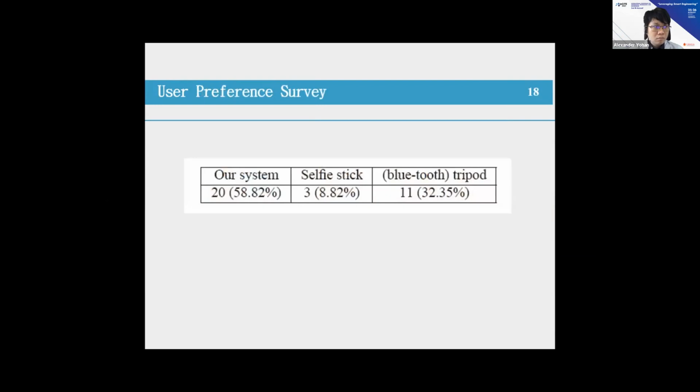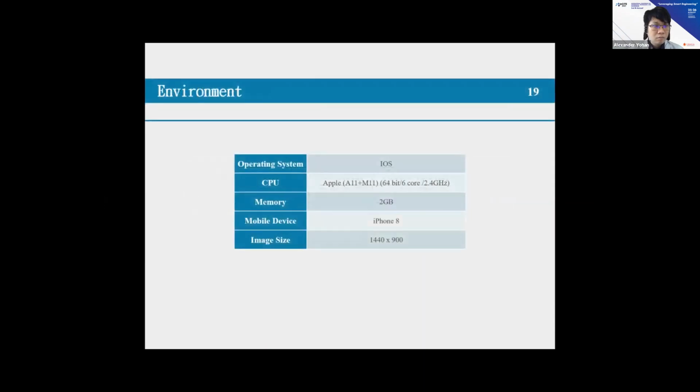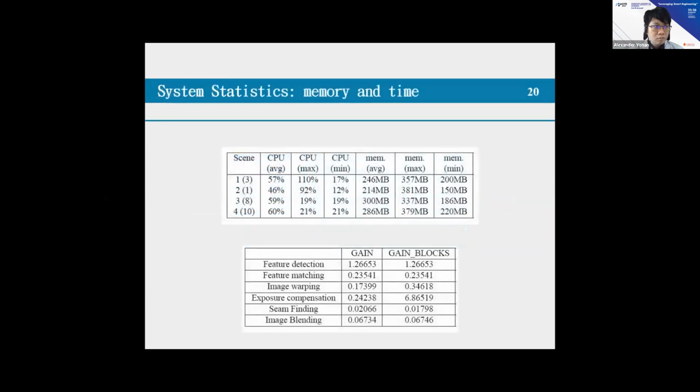And we have also conducted a preference survey, and it turns out that our system is preferred by almost 60% of the people, whereas the selfie stick is preferred by less than 10% of the people. And this is the cell phone that we use. And this is some system statistics, like the memory and time used.